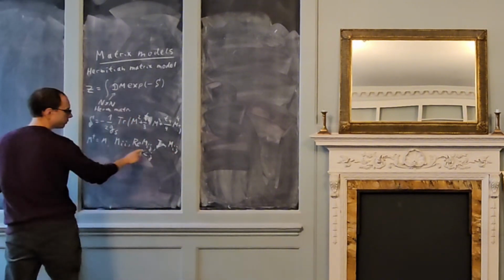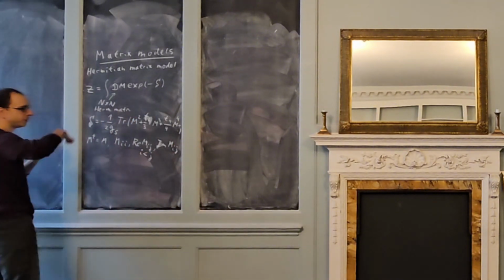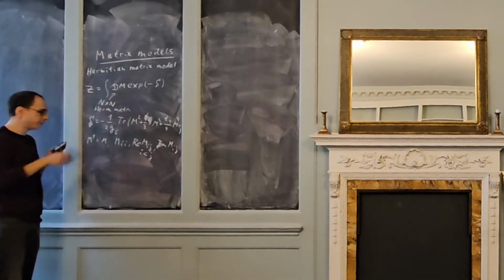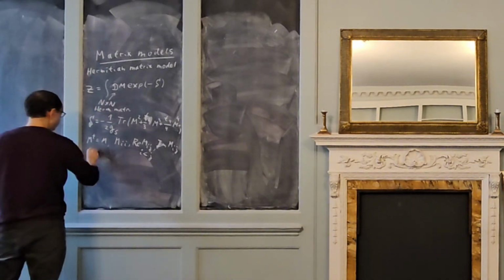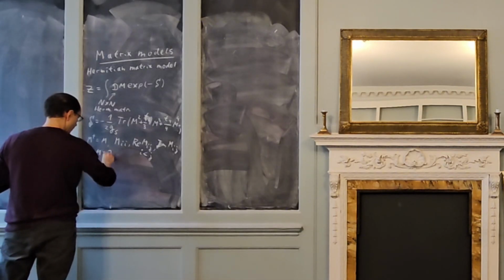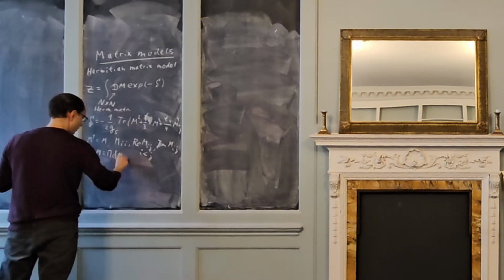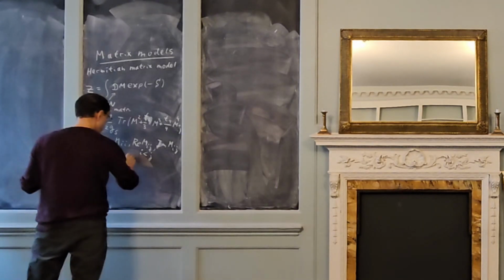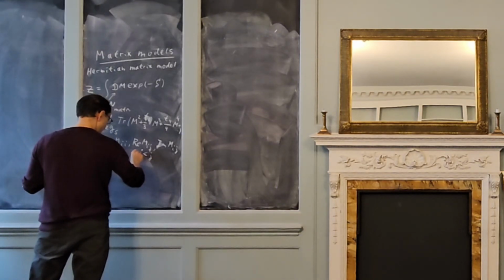This is a set of real parameters that parameterizes the space of Hermitian matrices. And so this integration measure is just the product of dM_ii, integrations over all these real parameters.